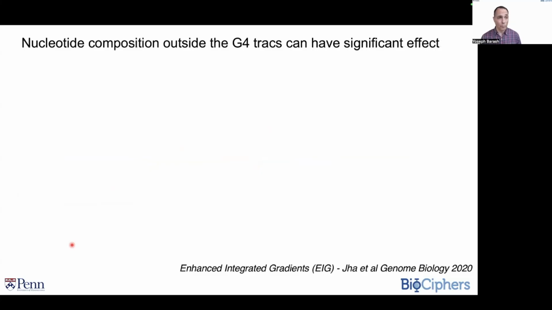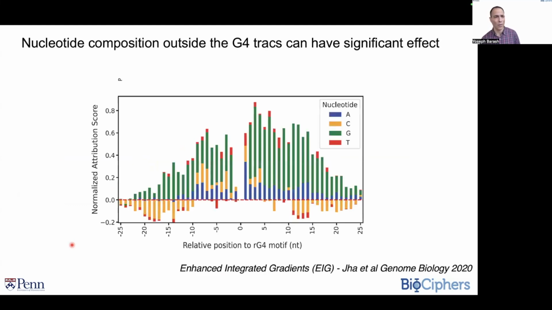Okay. What about nucleotide composition outside the G4s? We find that they have a significant effect. For that, we run EIG, enhanced integrated gradients. That's a method to interpret deep learning models that we published back in 2020. So we apply it here, and we see a very strong preference for Gs.